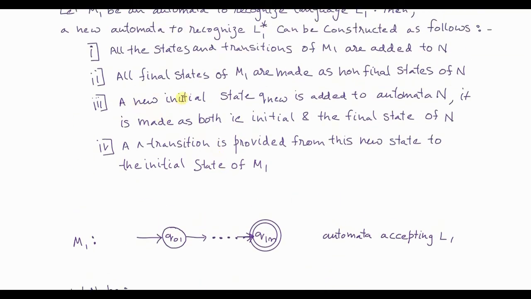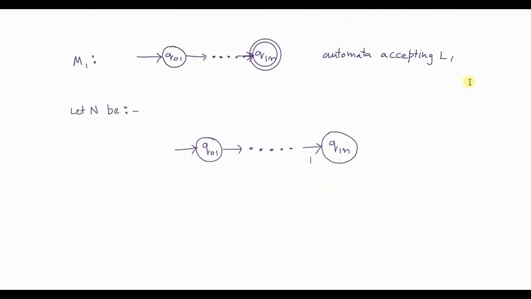A new initial state Q new is added to the automata N. So no longer Q01 will be the initial state. Rather, I will now draw a new initial state, Q new.